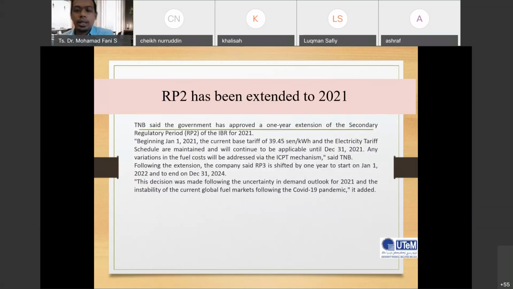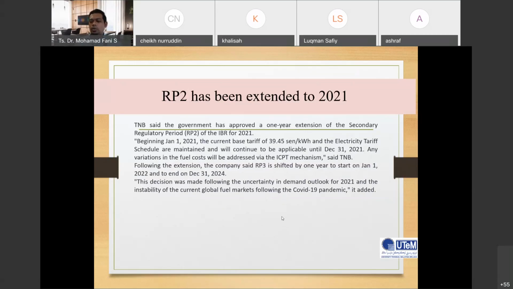For your information, this RP2 has been extended to 2021 because TMB said the government has approved a 1-year extension of the second regulatory period, RP2, of the IBR for 2021. So they remain at the same base tariff of 39.45 cent per kilowatt hour, and the scheduling of the maintenance, etc. So we are waiting for the RP3 coming next year.